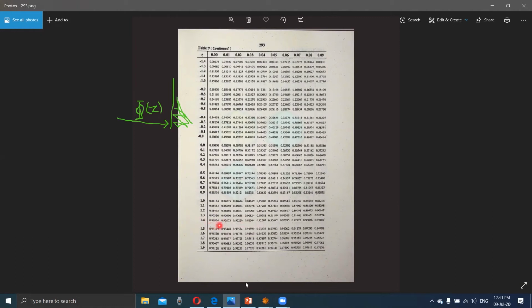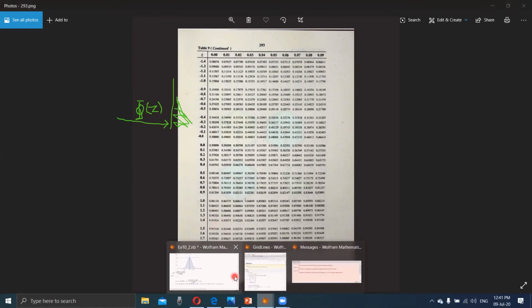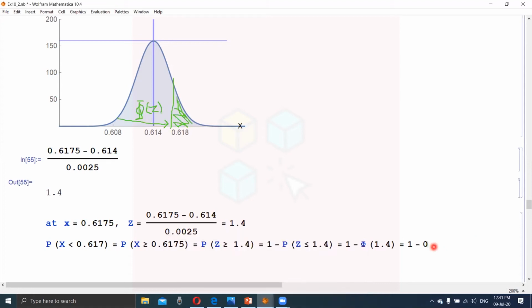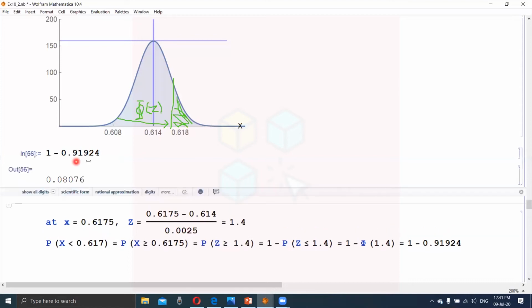So pick up this value and write it here, 0.91924, and subtract it from 1, and the corresponding value of this expression would be 0.08076.